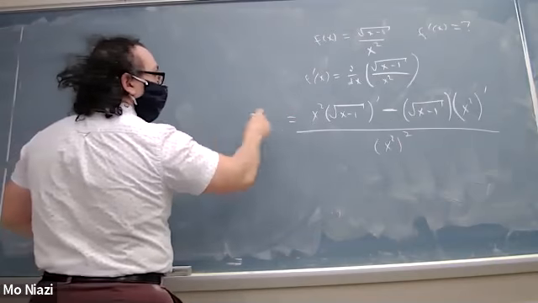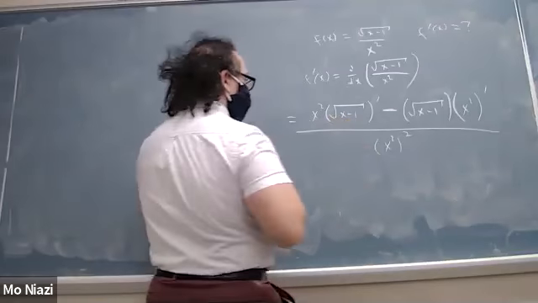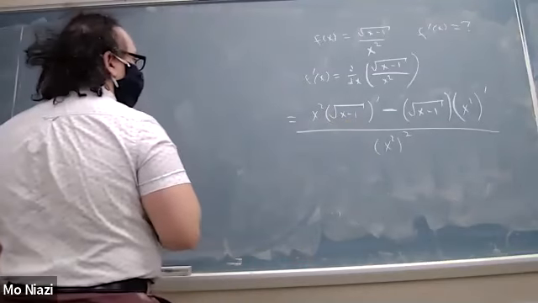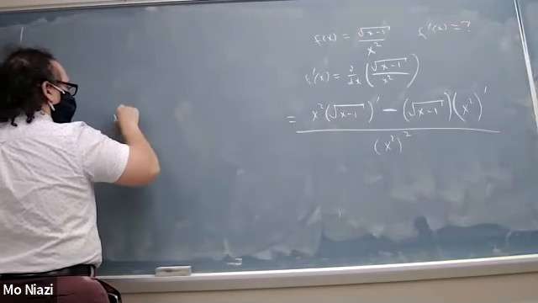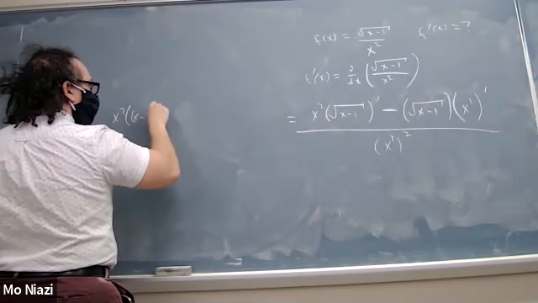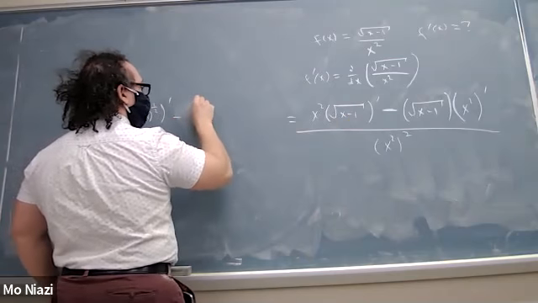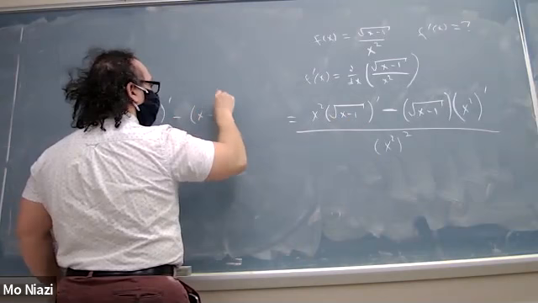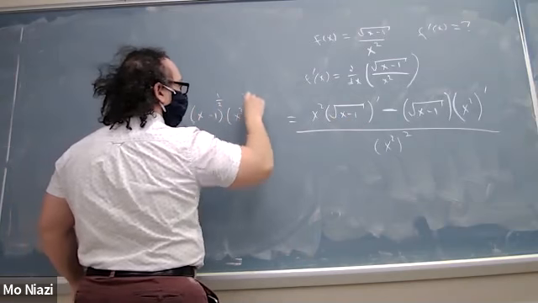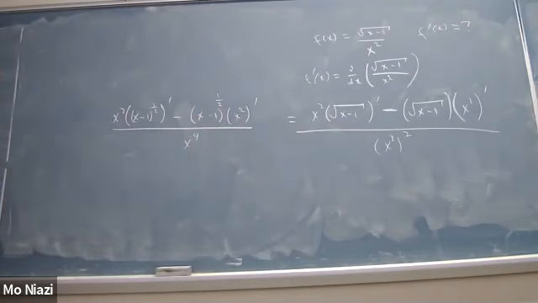So this becomes, don't forget that the square root of x minus 1 is the same thing. I'm just going to rewrite everything like so, and replace the square root and raise the whole thing to the 1/2.